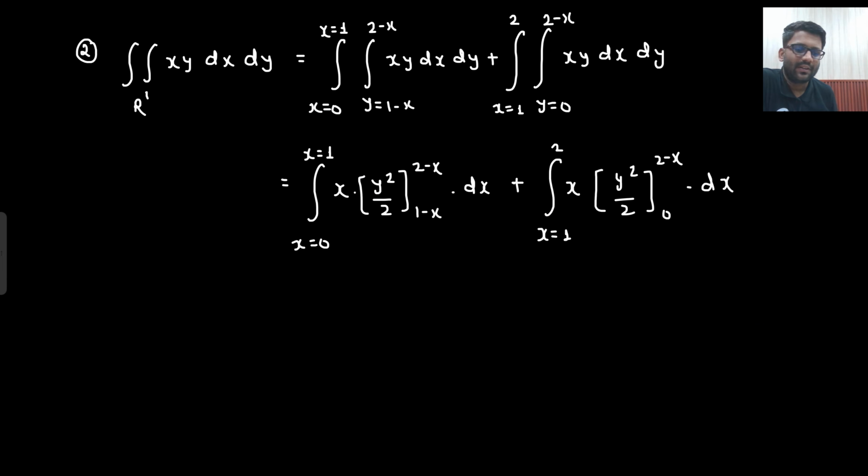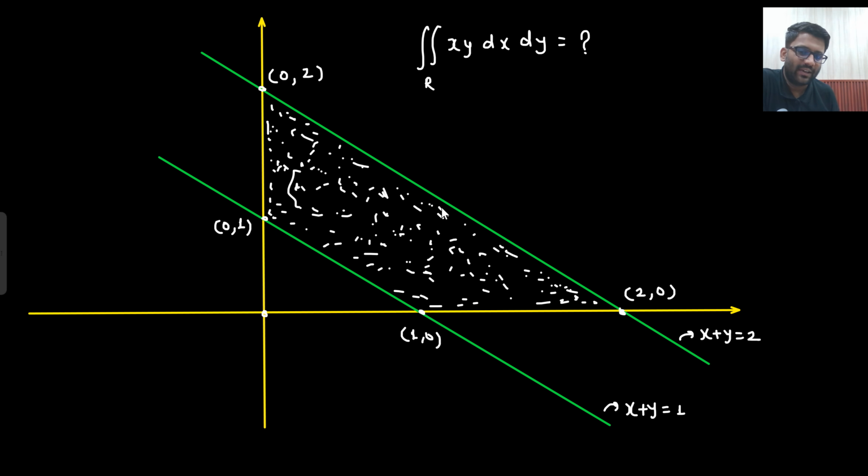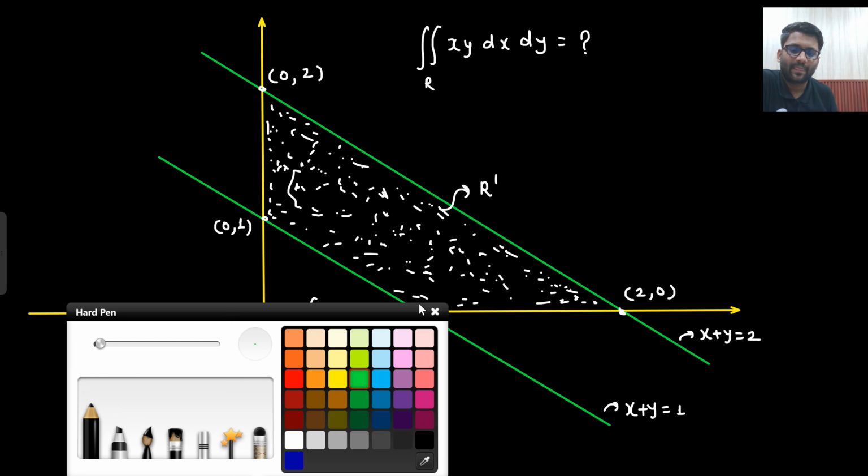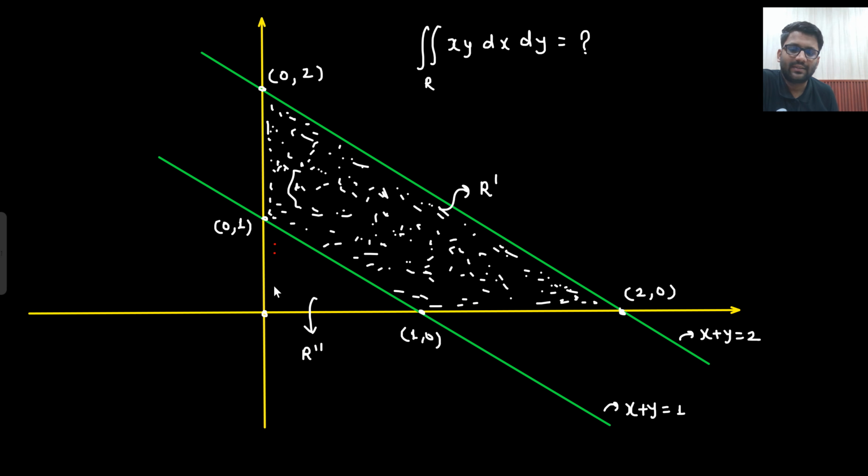So now I am calling this particular region R dash, and I am calling this other region R double dash.